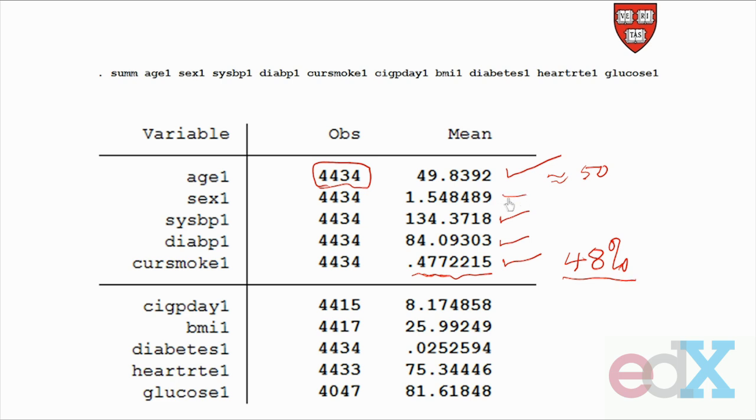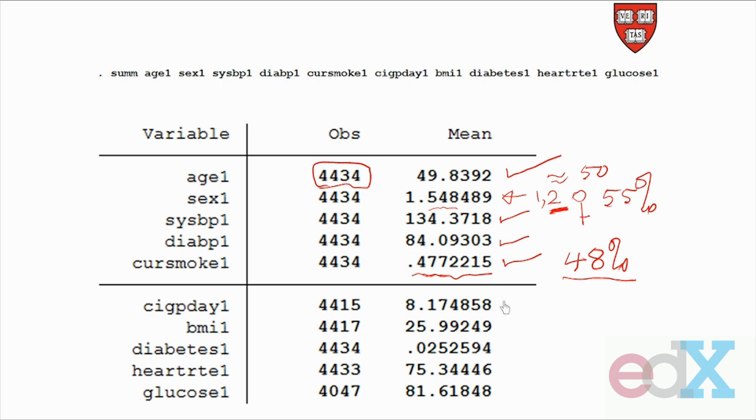Same thing with sex, because sex is also a dichotomous variable, except you remember sex took on the values 1 and 2. So what this says is that 55% of the people at visit 1 had the value 2. So 2 meant female. Roughly 55% of this data set was female.